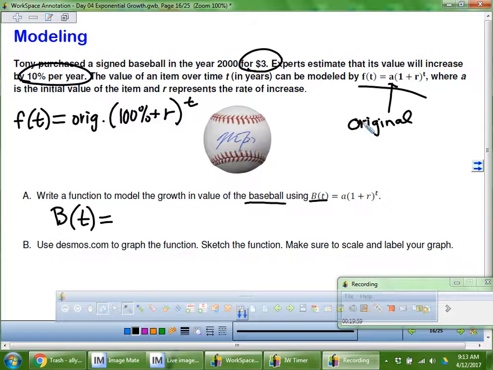Okay? So our original cost of the baseball is $3. And then we're going to pay 100% of that, plus our increase. Because it's an increase, we have a plus sign. It's an increase of 10%.